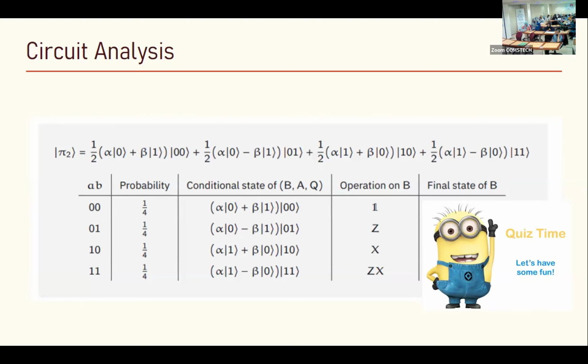So first we apply the X gate. That means it will become alpha ket 0 minus beta ket 1. Then we apply Z. When the Z gate is applied, ket 0 remains as it is, and there's a negative sign involved with ket 1. So what we get is the original state, right?